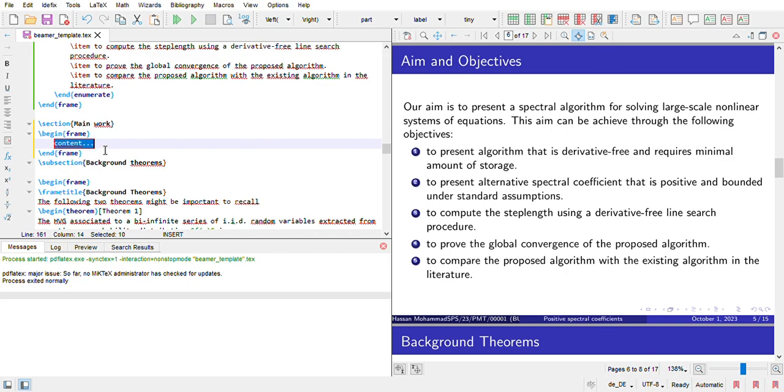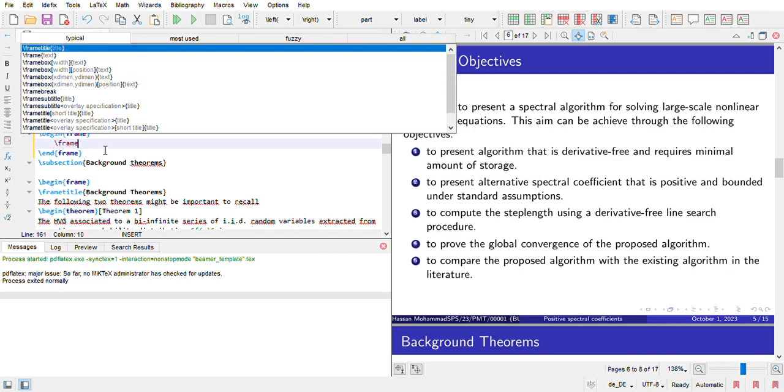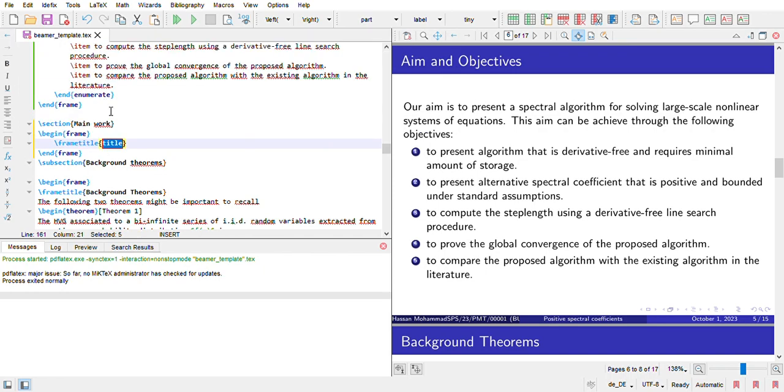Okay, so we need a frame title, of course. The frame title is description of the method.